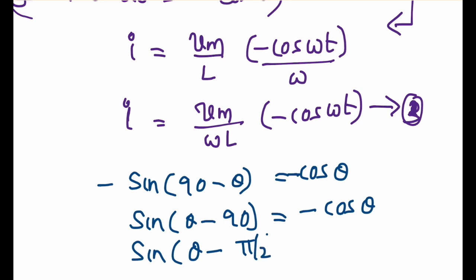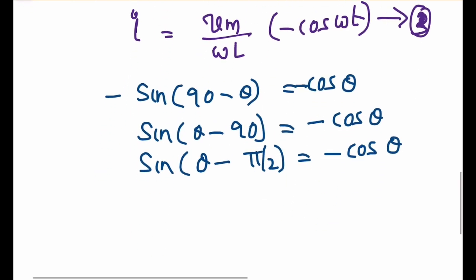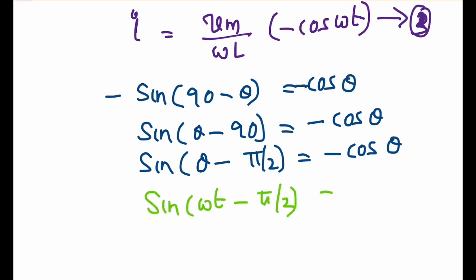So the conclusion is, when you write omega t in place of theta, sine of omega t minus pi by 2 is equal to minus cos omega t. Let it be equation number 4.